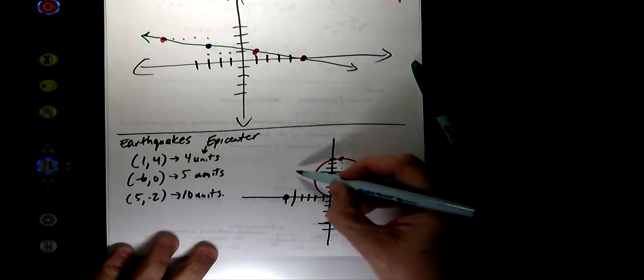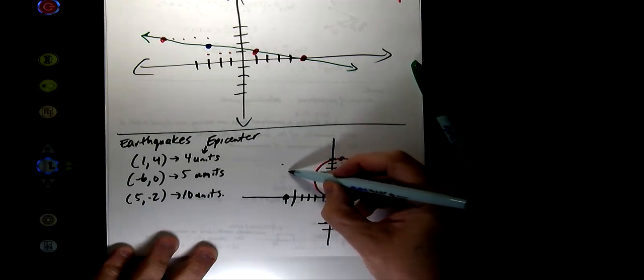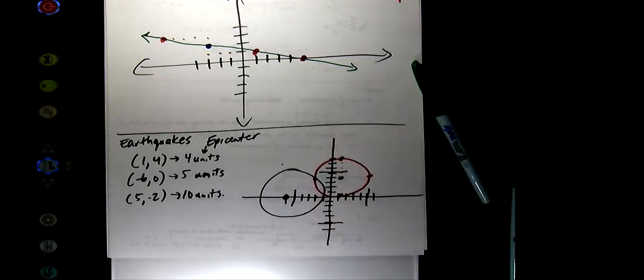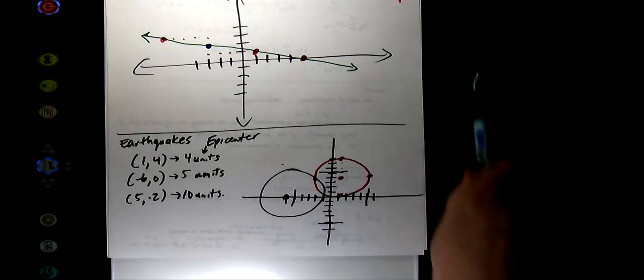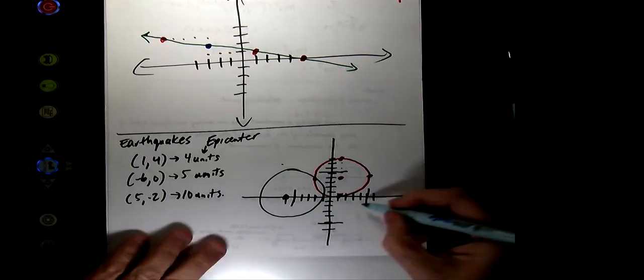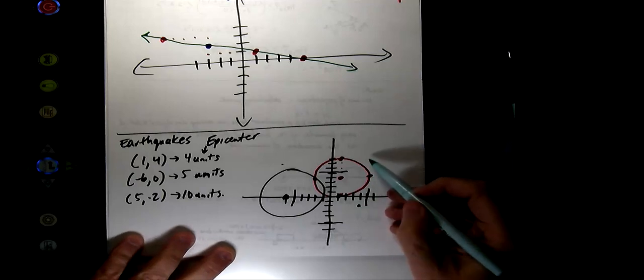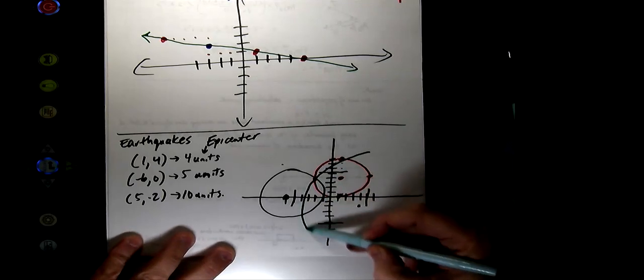I don't know that I drew a good graph here. It should be something like that. 5, -2 is down here, and it's got a radius of 10. So it's probably something like this.